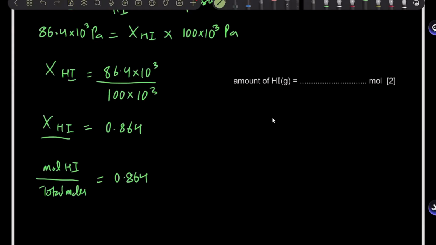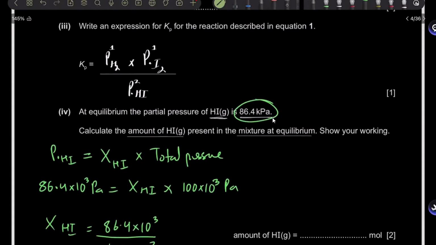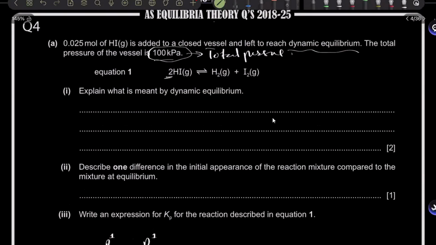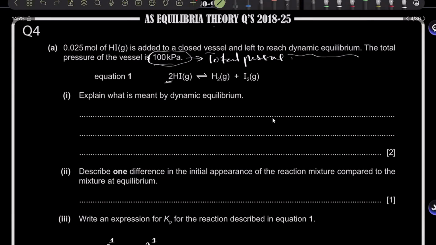What do I do now? Can I find out the moles from here? How do I find the moles? We need to know the total. Do I know the total moles? Have you been given the total moles? No, we haven't. So what do I do now?